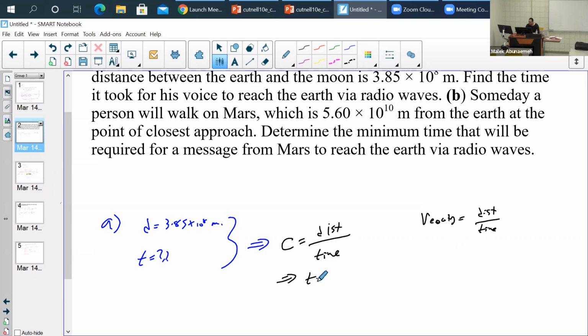That means your time is your distance divided by the speed of light c, which is 3.85 times 10 to the 8 divided by 3 times 10 to the 8 power. So you should get about 1.285 seconds.